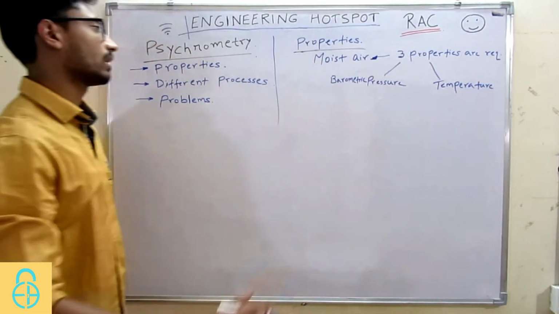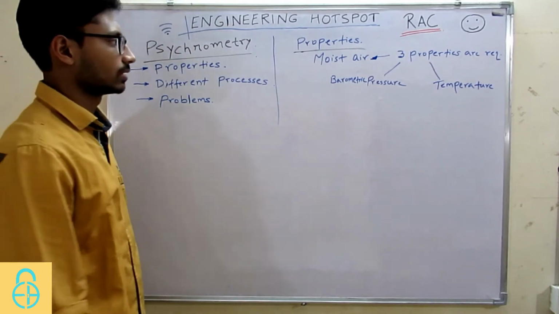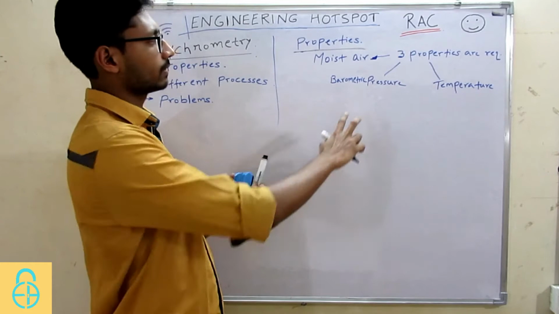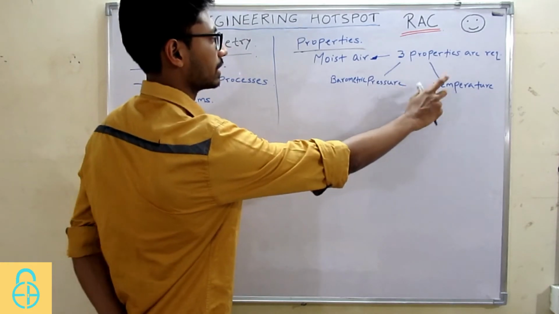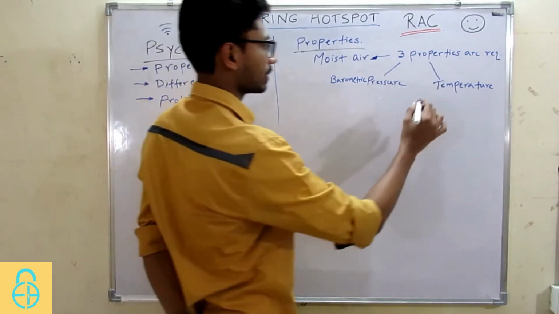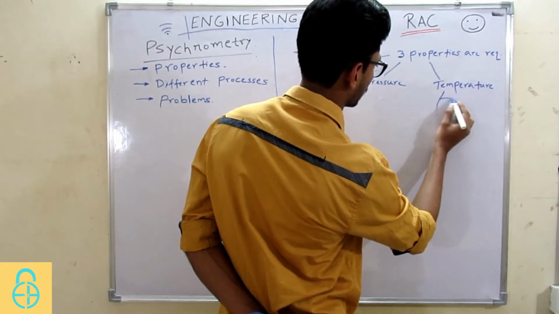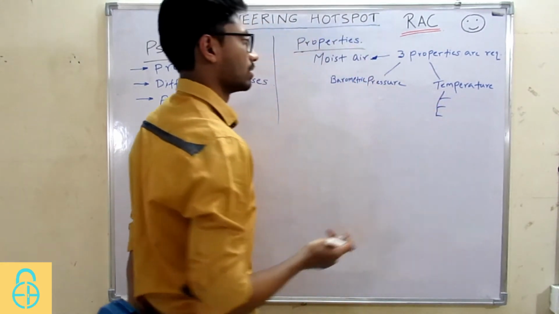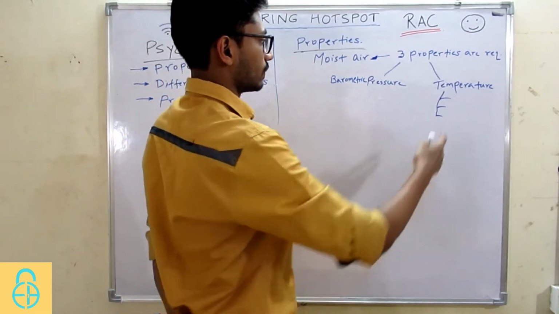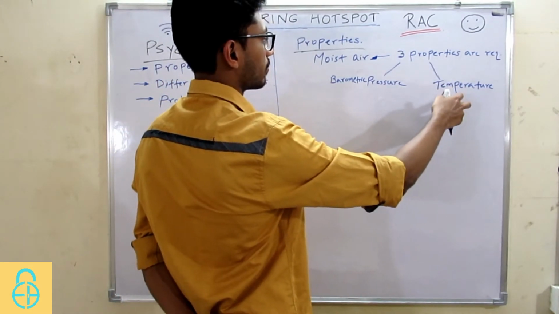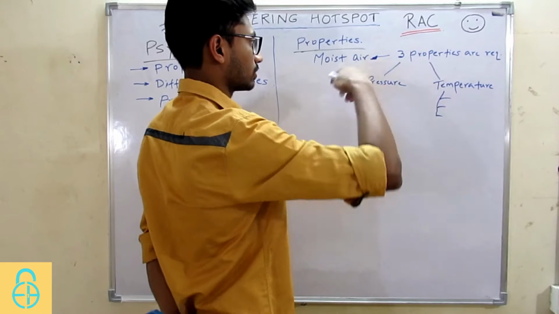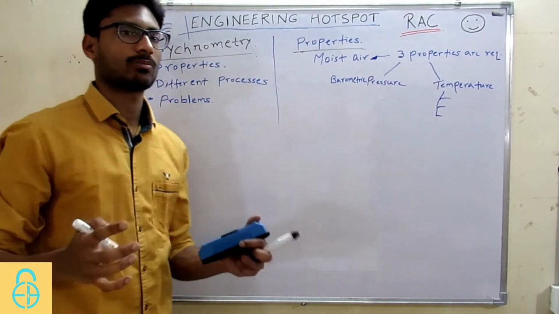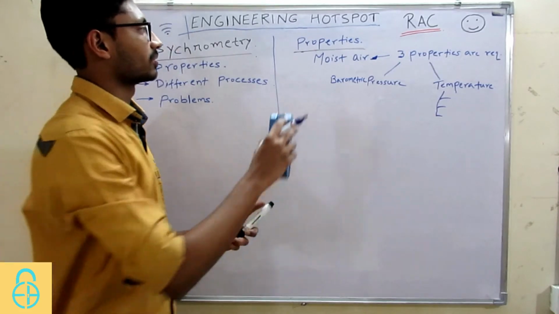We need three properties: one will be pressure, and there will be two types of temperature that I will discuss now, so that we can fix the state of moist air.